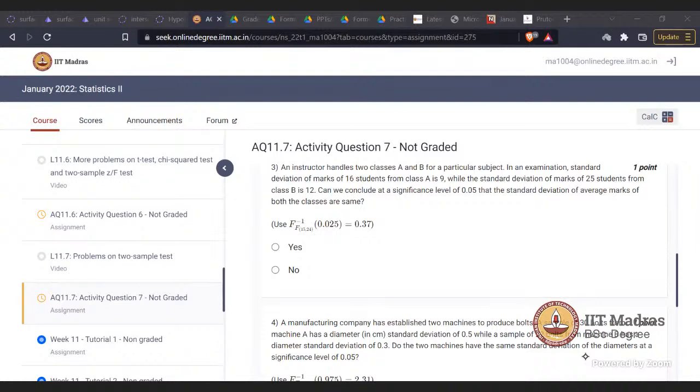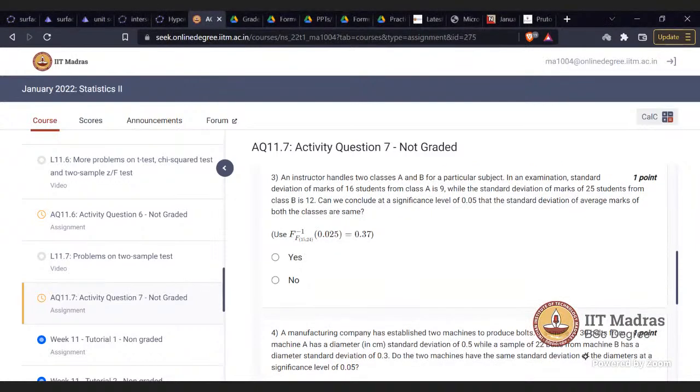Just look at the question and read it out. In this question, we have accepted H0. First, you see this question and tell me what you will take as your null hypothesis. I solved that one yesterday, so I don't know all the questions.